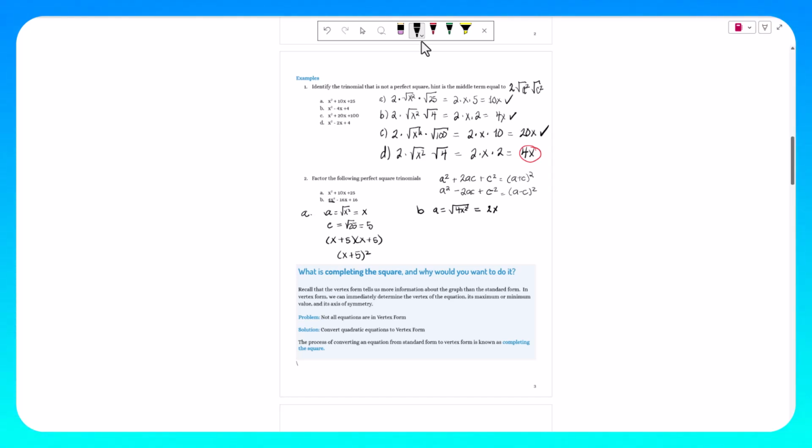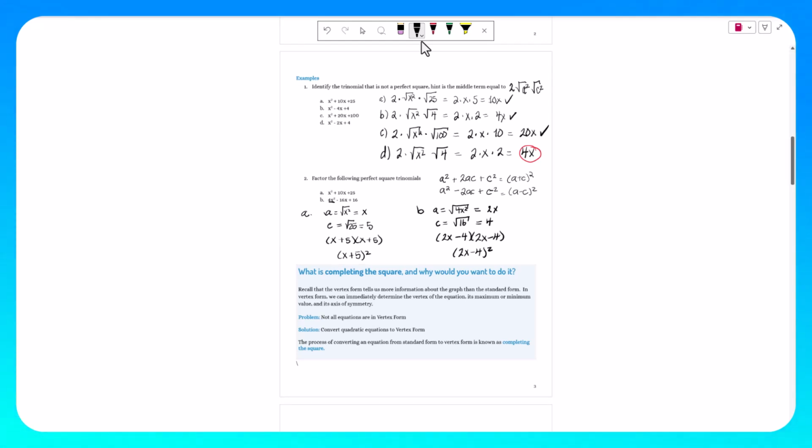So now we have an A, and it's okay for the A to have a variable with the coefficient in front. And then C is the square root of 16, and that equals 4. And because this is subtraction, this is going to be the binomial 2x minus 4 times 2x minus 4. And that's going to give us 2x minus 4 squared.